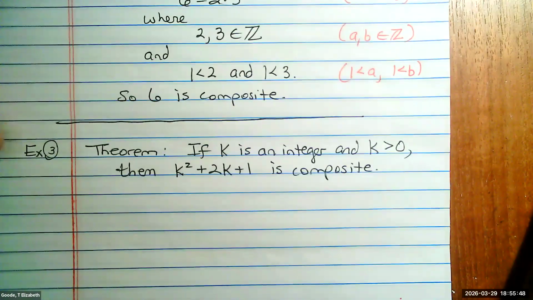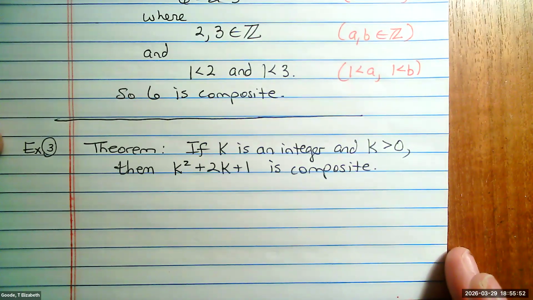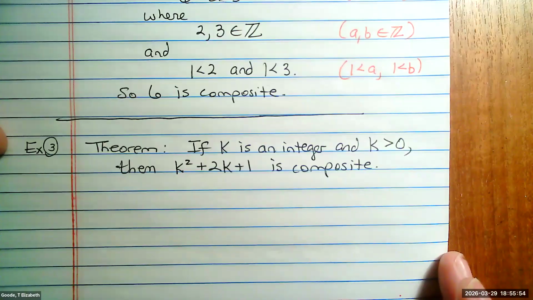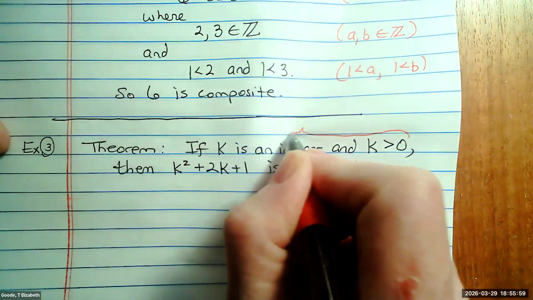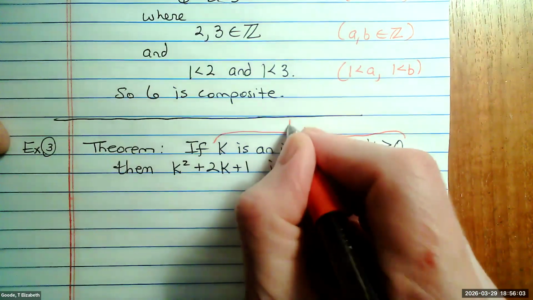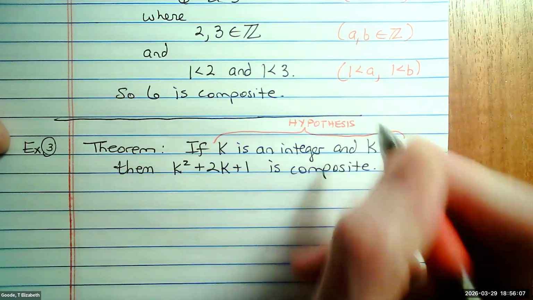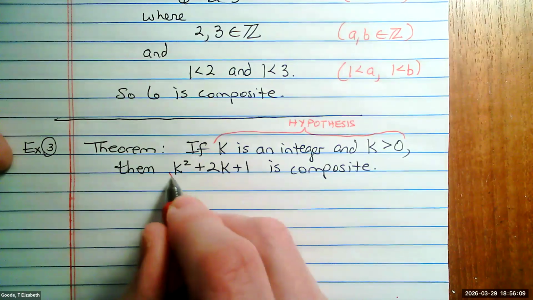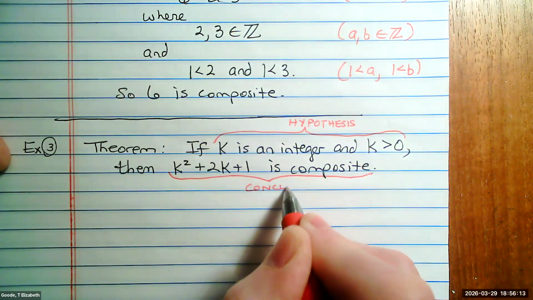We have to use variables, definitions, and algebra, and also things we may assume. So here's our hypothesis. We're going to prove this directly. We're going to assume the hypothesis, and then we wish to show that this conclusion follows. Do you agree? Yes.